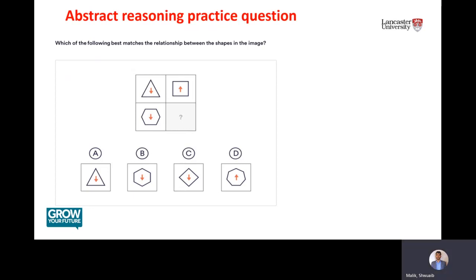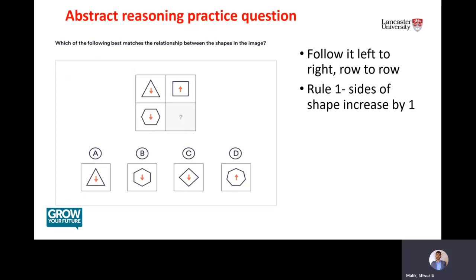So here we have a triangle, a square, and then a pentagon, and we need to determine the relationship here. It's quite difficult, but I want you to focus and go through this, moving from the triangle to the square to the pentagon, so left to right, and then move down the row.